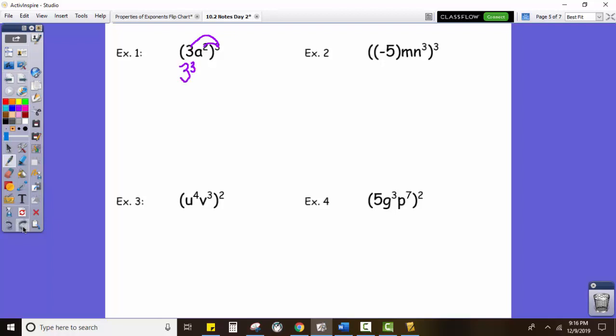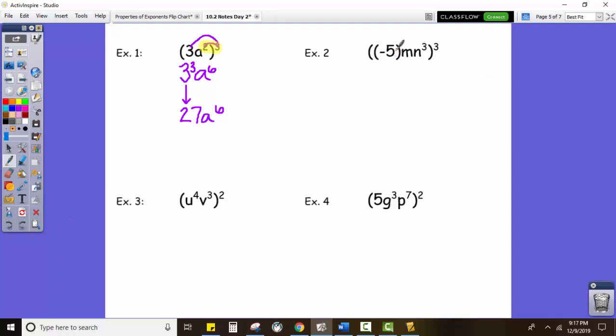So 3 to the third power, I'm just going to leave it like that for now, and we'll figure out what that equals in a little bit. And then when I take a to the second to the third power, remember power to a power, I multiply these two exponents. So a to the second to the third would be a to the sixth. Okay, then I can keep simplifying here. 3 to the third, 3 times 3 would be 9, times 3 would be 27, and bring down a to the sixth.